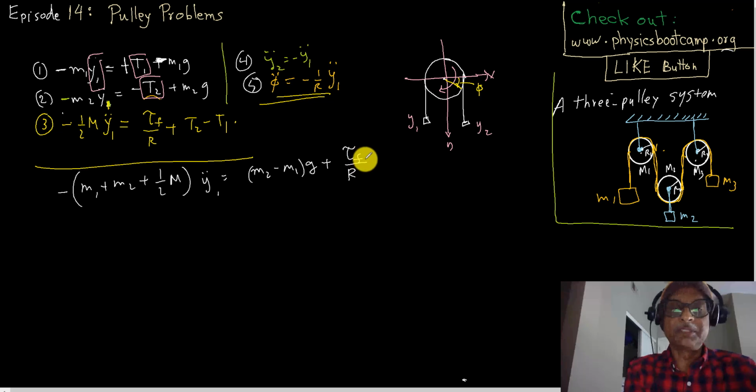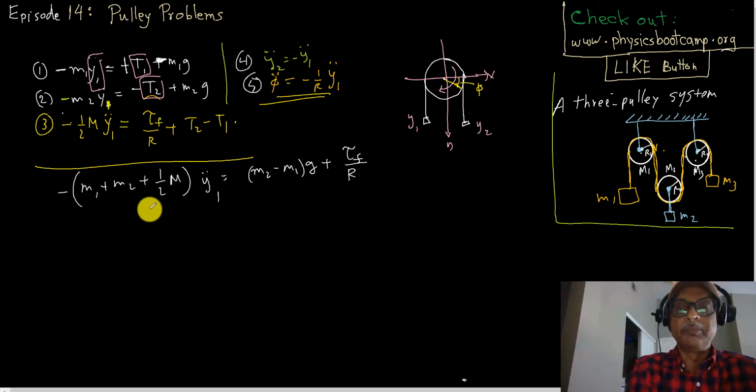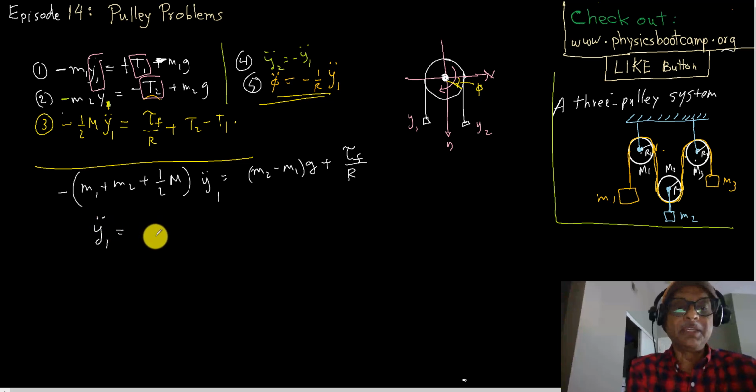So this is the frictional torque coming from the axle over there, and so y1 double dot will be divided by this.